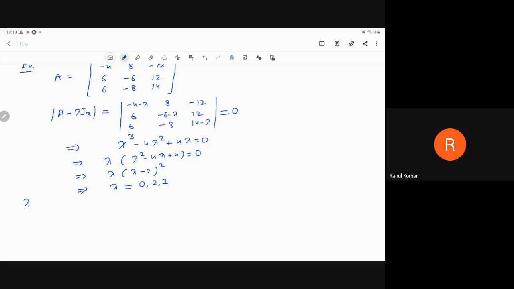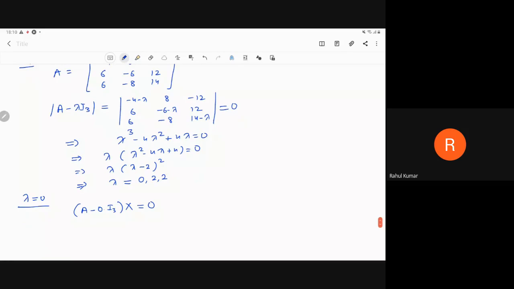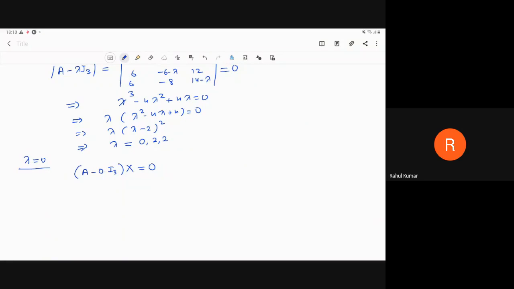Now consider lambda equal to 0 and find the corresponding eigenvector. So which equation do you need to solve, which matrix equation for lambda equal to 0? A minus lambda, which is 0, times I3, x equal to 0. The solution of this homogeneous system will give you the eigenvectors. Okay, this time matrix A as it is, write it.